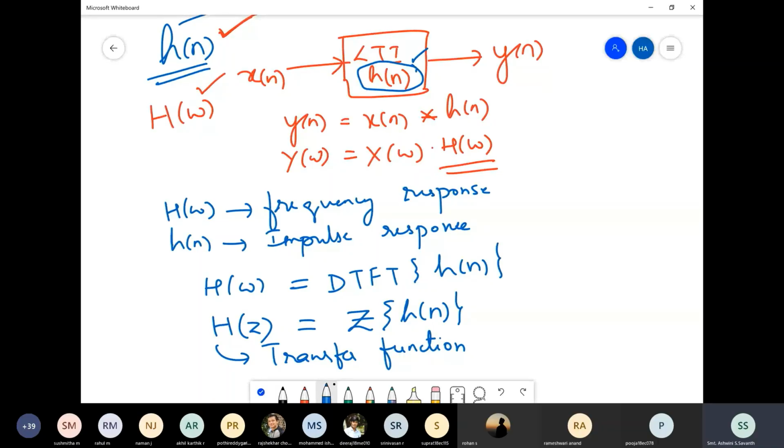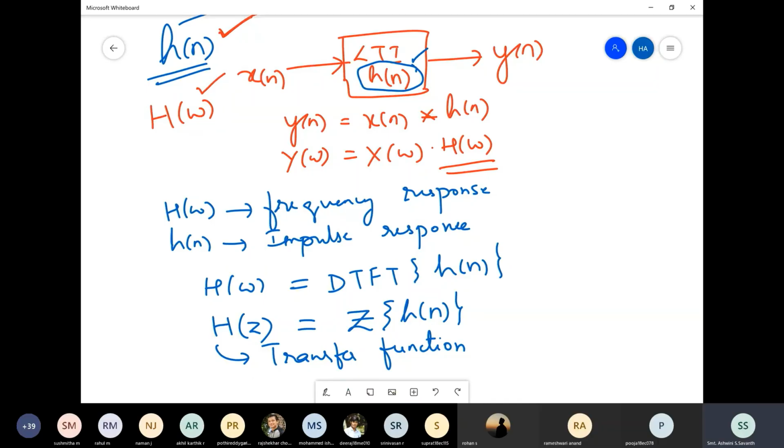Anything you design, it's finally the filter that you are trying to find out, and we can convert one from the other. I hope the point is clear. The purpose of filter design is to find the impulse response, the frequency response, or the transfer function of the system.